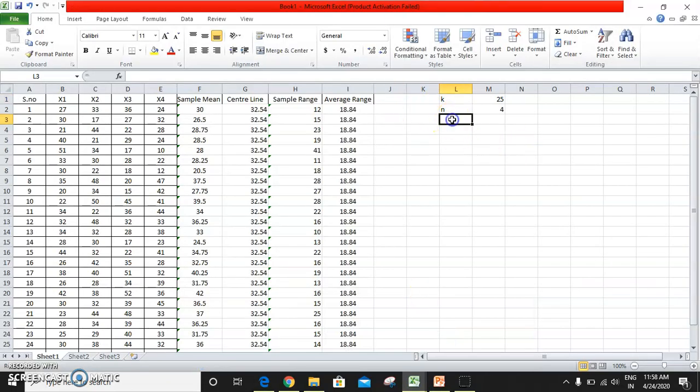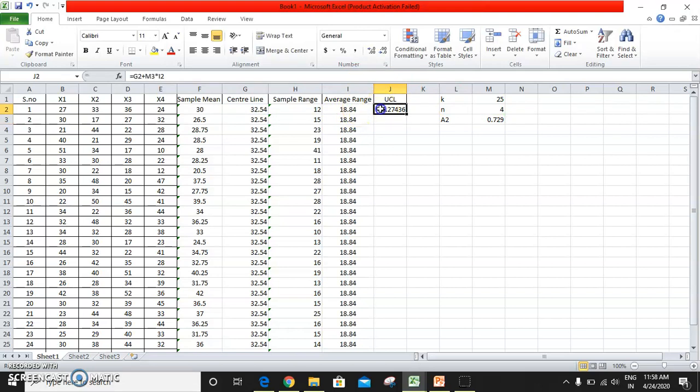So the A2 value is 0.729, right? Now using the formula as we saw, the upper control limit was X double bar. What is X double bar? Your central line, right? Plus A2, this is your A2, into your average range, that is R bar.